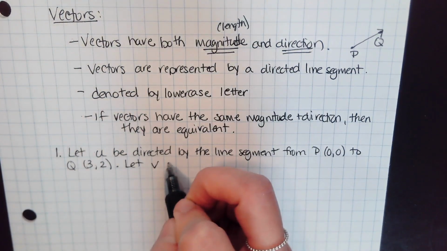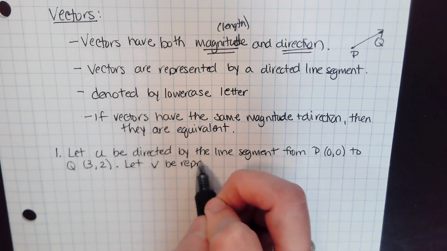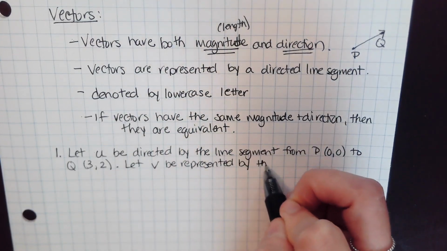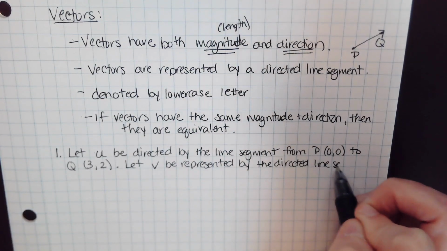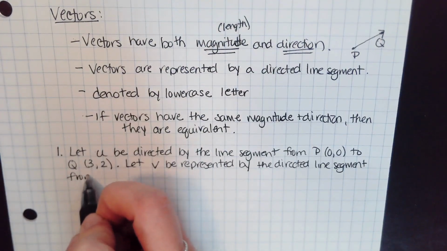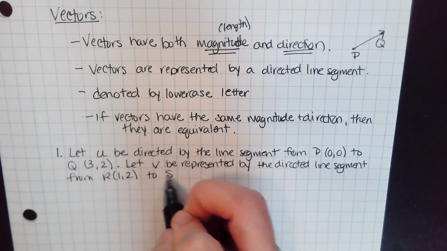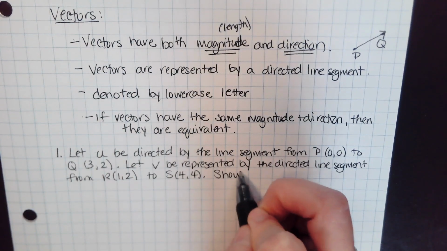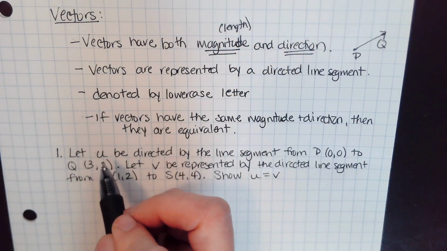Let V be represented by the directed line segment from point R, which is 1, 2, to S, which is 4, 4. Show that U is equal to V.